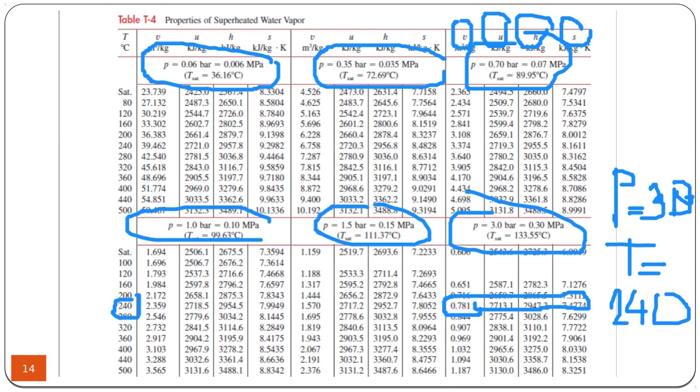So by using two intensive properties as pressure and temperature, you can read out necessary properties as specific volume, internal energy, enthalpy, and entropy. Of course, the tables do not give you exact values all the time. Sometimes you may need to find an intermediate value. So what is an intermediate value?